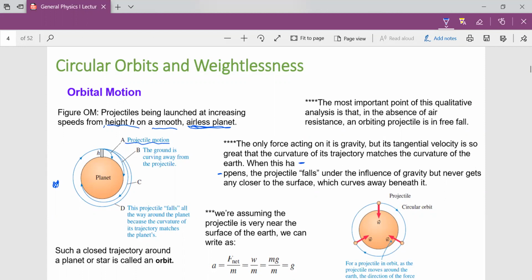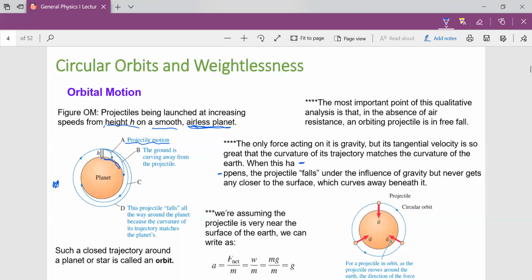When an object is very far from the Earth, it will be able to see the curved nature of the Earth. So if the object is projected and the gravitational pull from the Earth is pulling it towards itself, this curved nature is going to influence that motion as well.